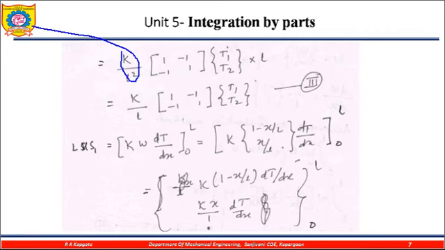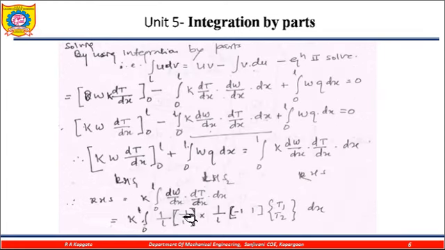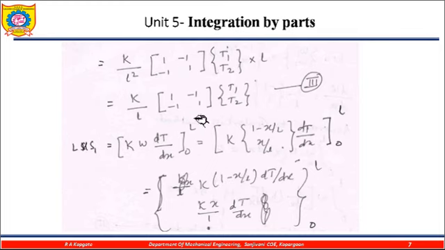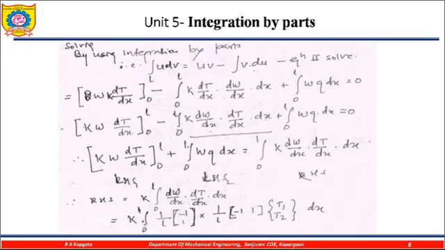k upon L square is a constant. And multiplication of this one, this row multiplied by column: minus 1 minus 1, that is 1. Then 1 into 1, 1. So here we get 1 and minus 1, and this one is the minus 1.